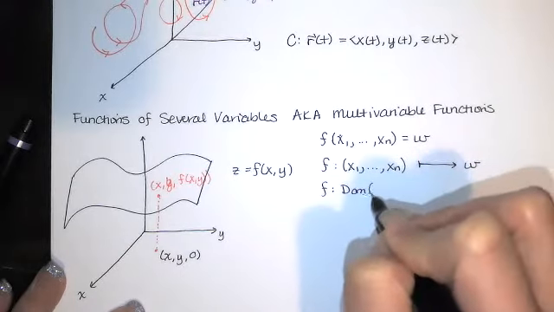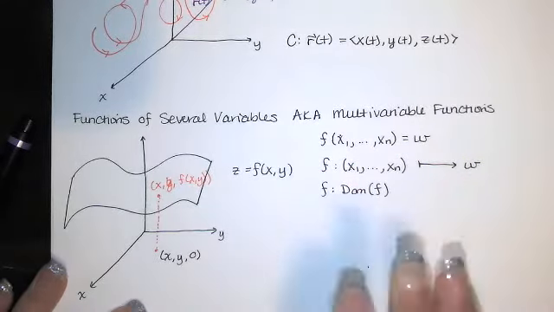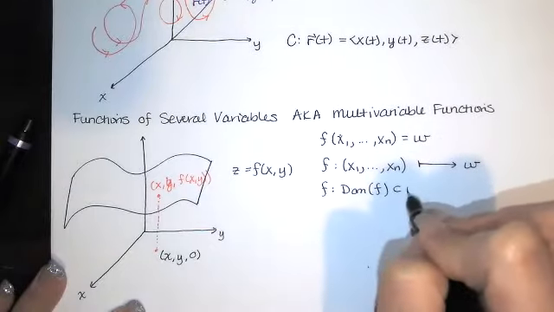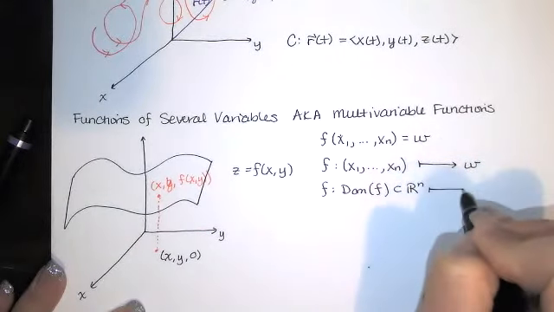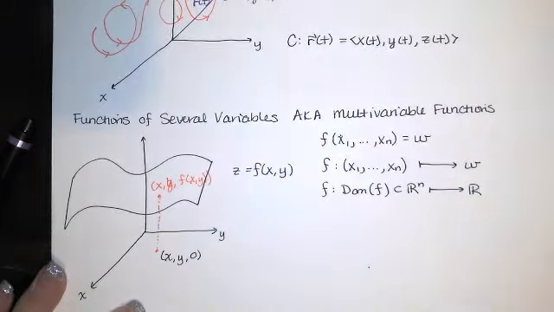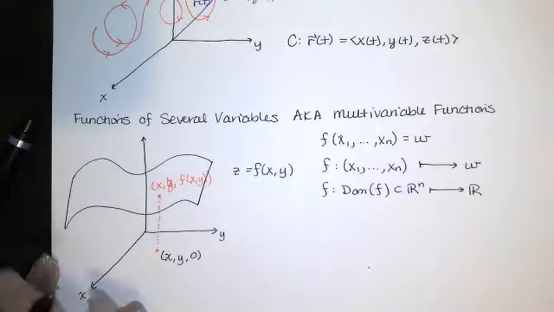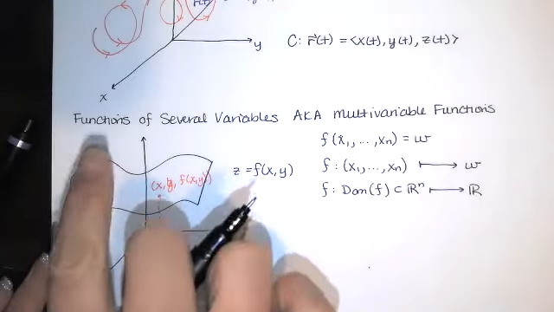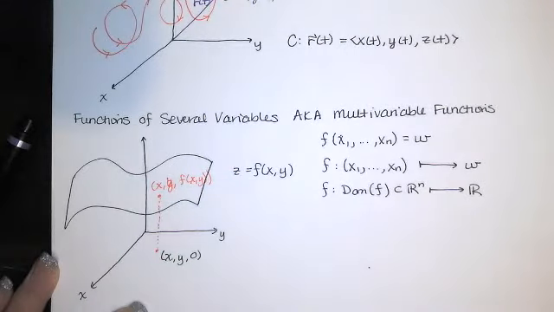So we're going to take an element of the domain of f, which is an n-dimensional space, and map it to a single real number. At least in this chapter, we were looking at real valued functions of a single variable, or real valued functions of several real variables.